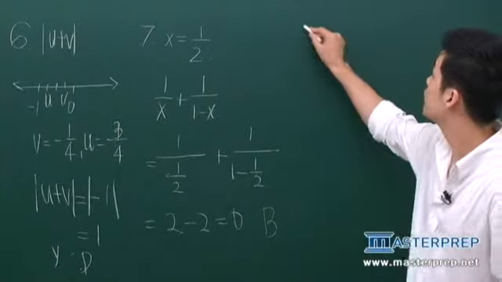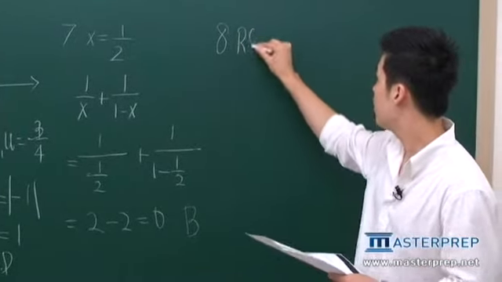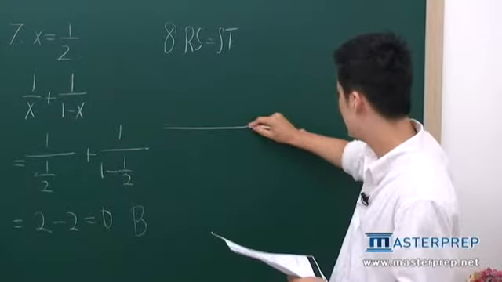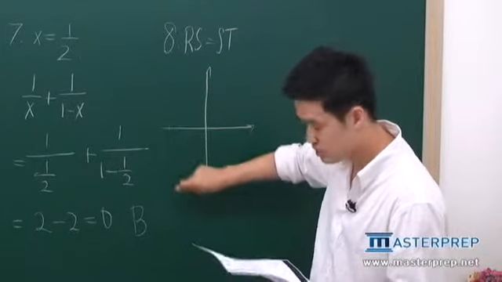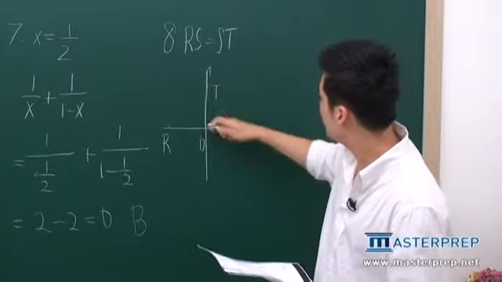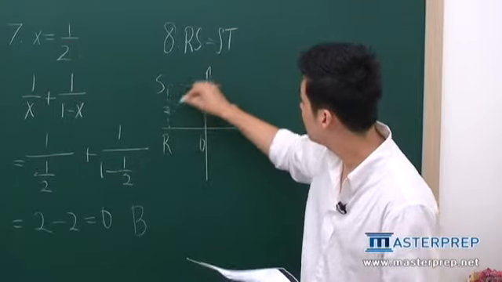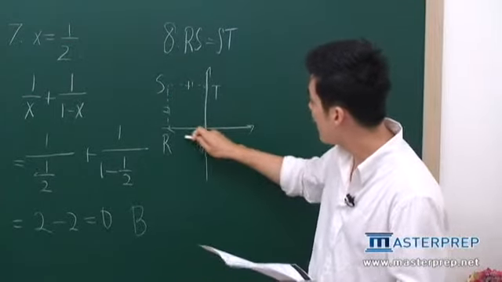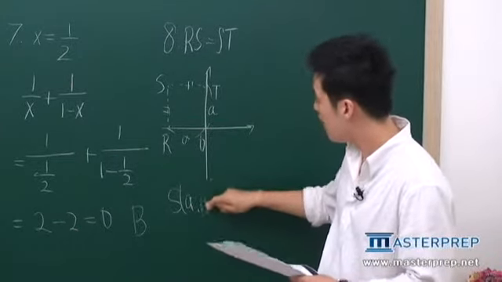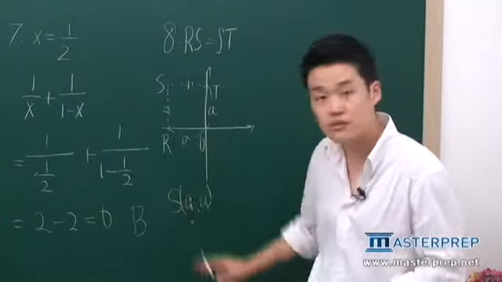And let's look at number 8. In the figure above, RS and ST are equal. So we have a Cartesian coordinate system. This is R, this is O, the origin, and this is T. We have equal lengths of those segments, which means if this is A, the height is also A. So S is actually equal to A and A, except in this position we have to put negative signs in front of it.